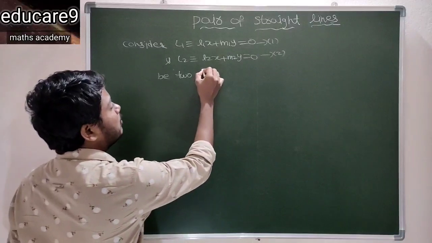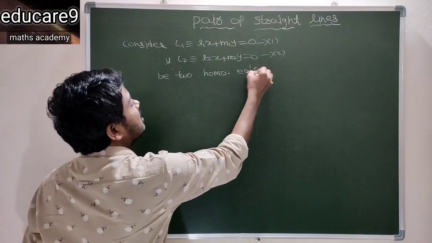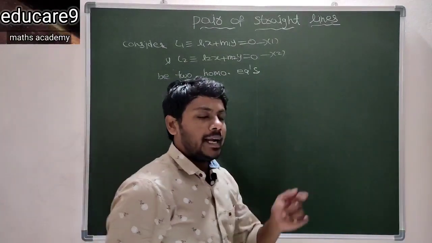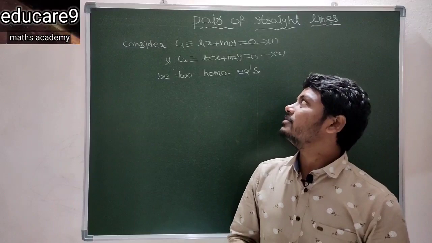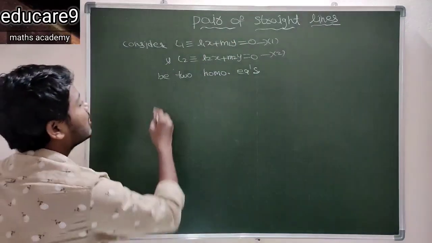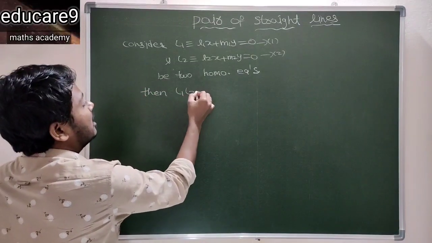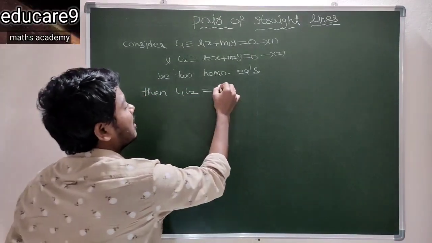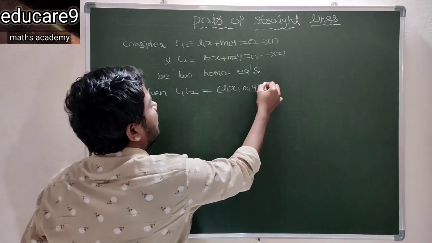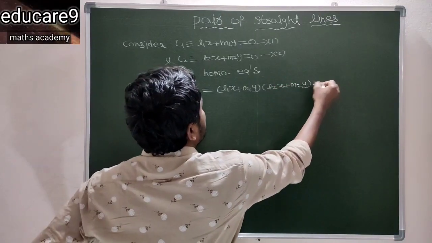So simply write, two homogeneous equations. Then you know that the combined equation of L1 and L2 is called a pair of straight lines. So L1 into L2, that is, l1x plus m1y into l2x plus m2y, equals 0.